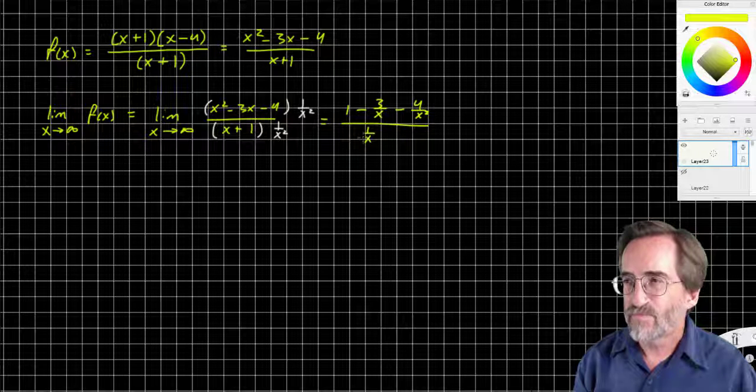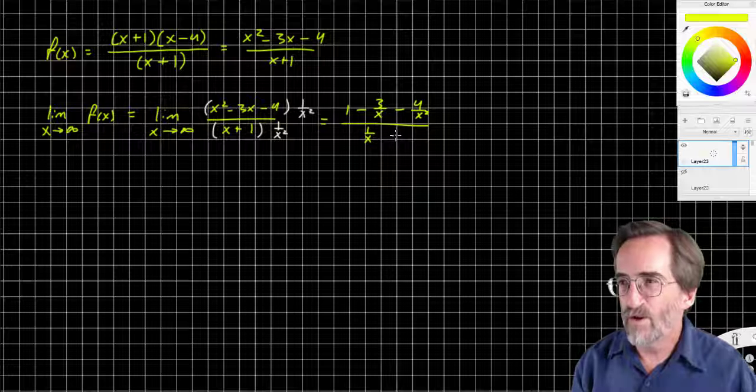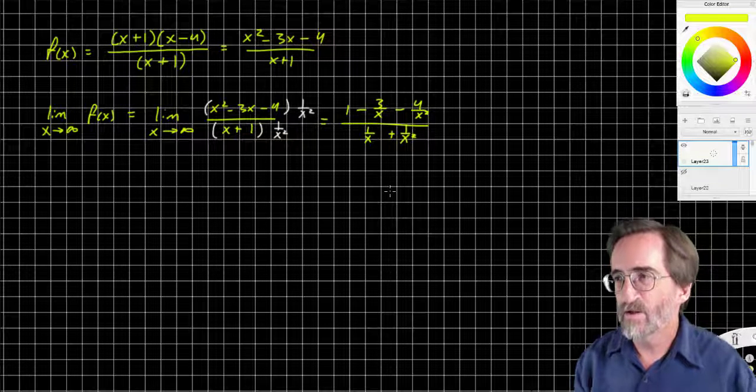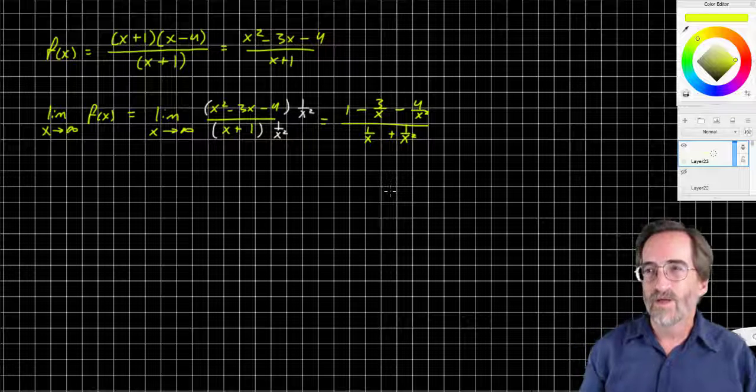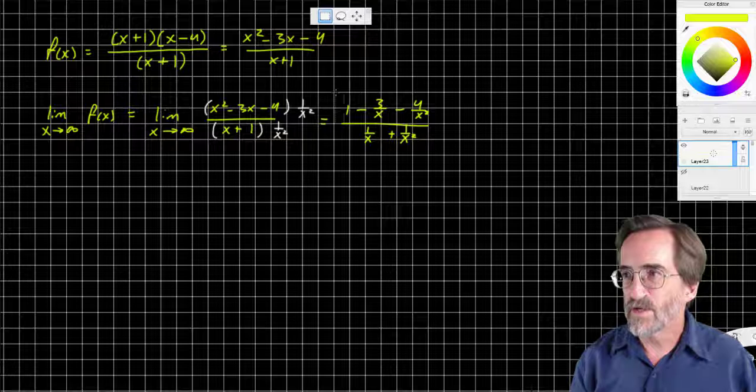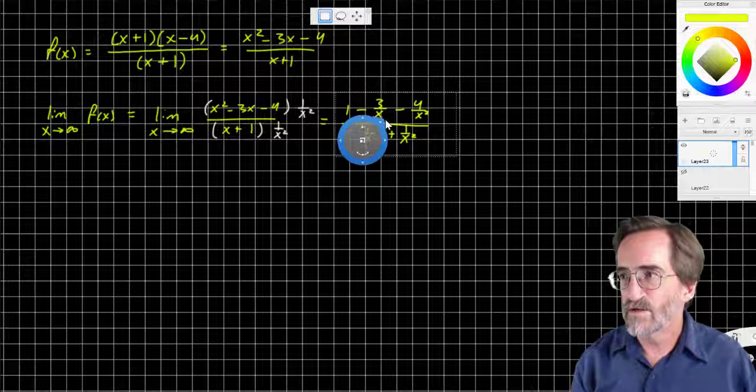And 1 times 1 over x squared is 1 over x squared. So plus 1 over x squared. Okay? And so we're talking about the limit as x approaches infinity of these.